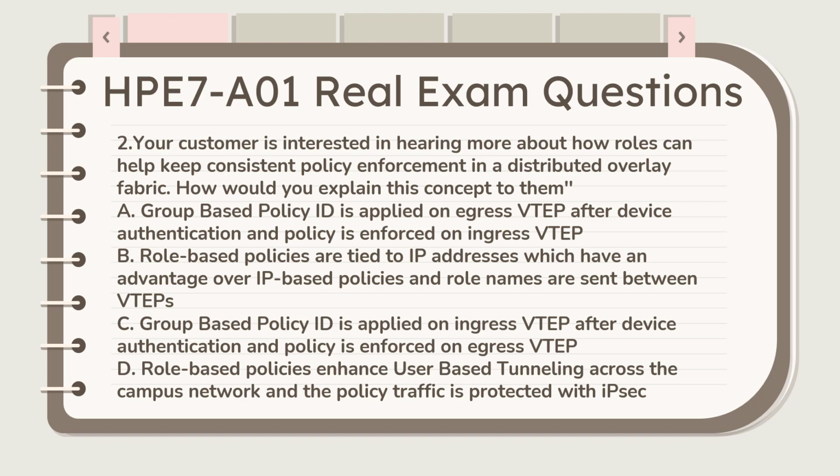B. Role-based policies are tied to IP addresses, which have an advantage over IP-based policies, and role names are sent between VTEPs. C. Group-based policy ID is applied on ingress VTEP after device authentication and policy is enforced on egress VTEP. D. Role-based policies enhance user-based tunneling across the campus network and the policy traffic is protected with IPsec.